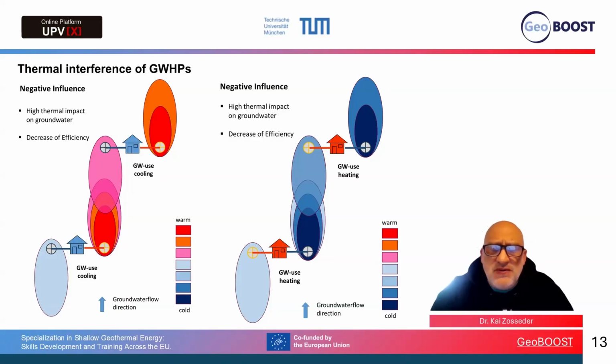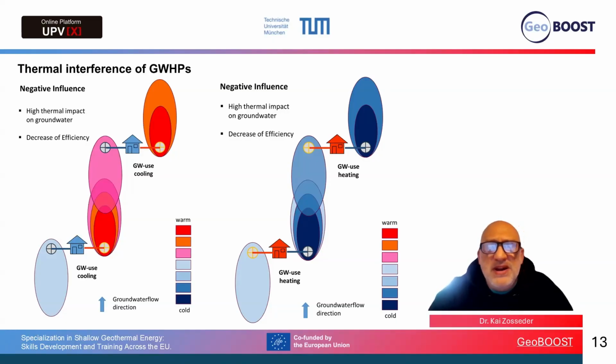You can have this influence also if you use that for heating, of course. So if a unit wants to use the groundwater for heating upstream, and then it injects back cooler water. This cooler water reaches another utilization downstream in the groundwater flow direction, and then this system gets cooler water, which means the source temperature for the heat pump will be cooler.